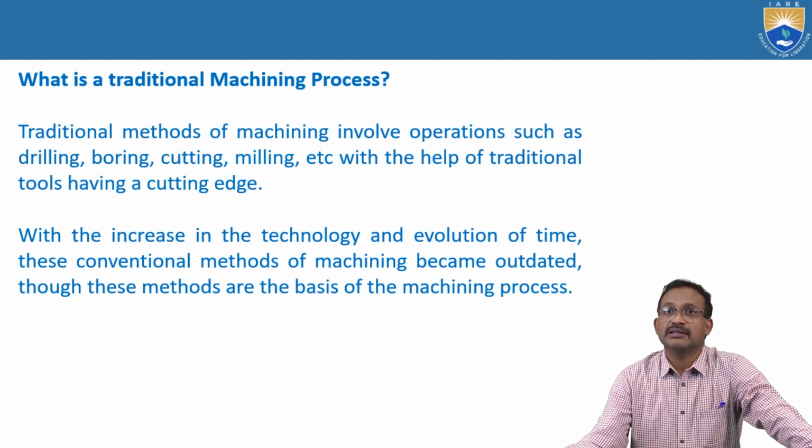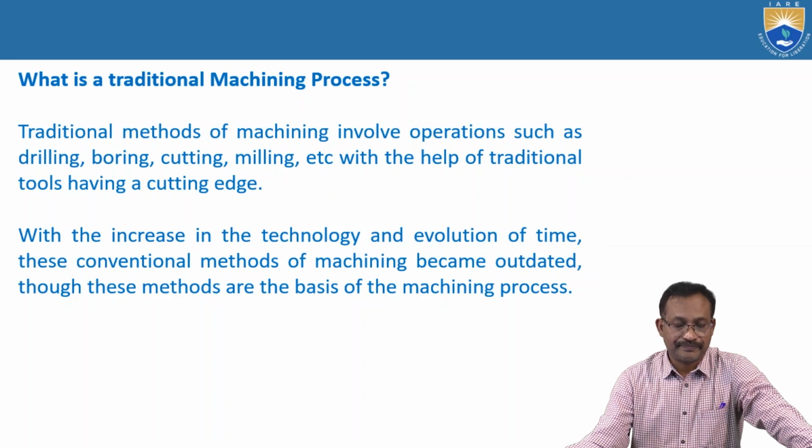So here the tool directly strikes the workpiece. Either the workpiece may be moving or revolving, or the tool may sometimes be moving, revolving or in linear motion. Based on the requirement we have to use different machinery and cutting tools. For circular shapes we go with lathe machine. For prismatic workpieces we go with milling machines, that we know already, right?